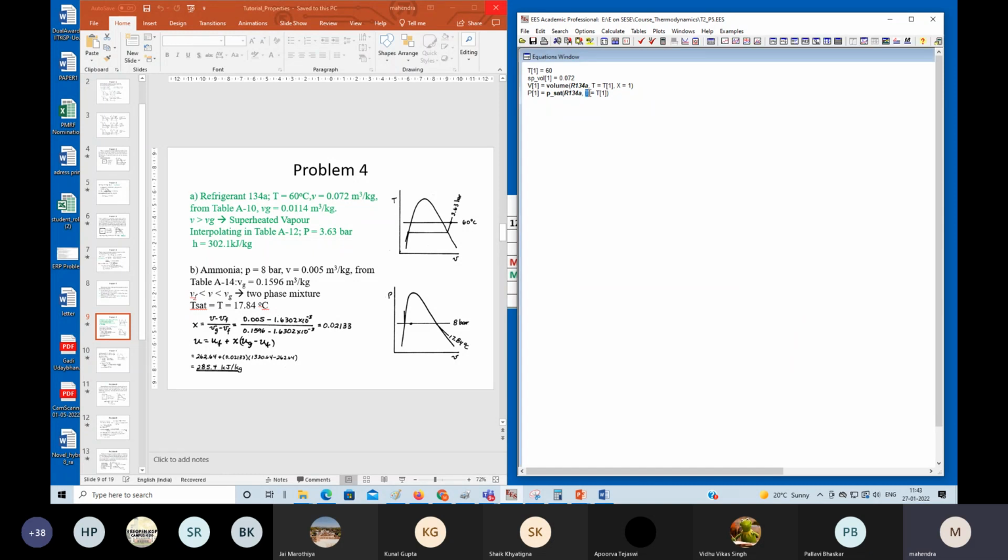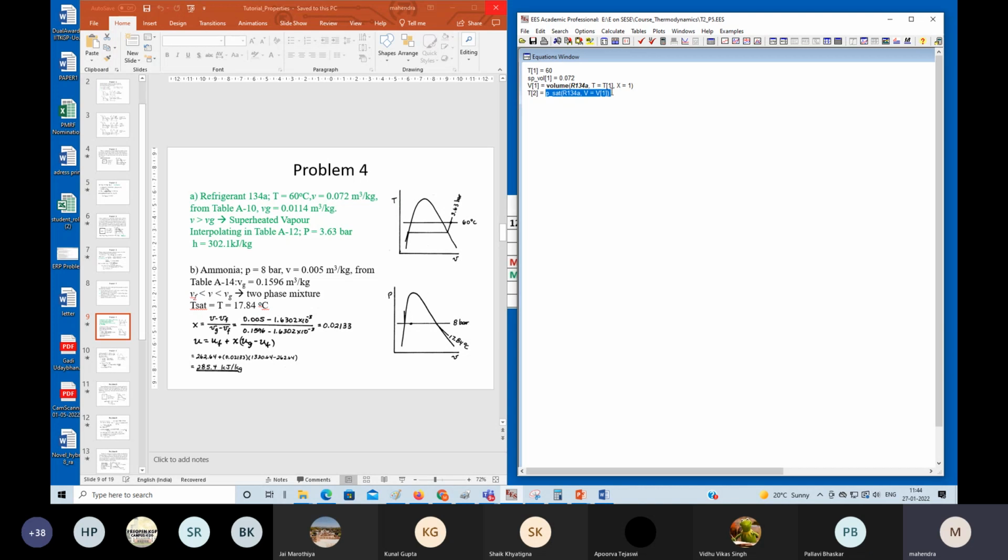Okay, v1. Let us check. The saturation pressure depends actually only on temperature as the parameter. So first let us calculate temperature for this. Let it be P2. Let us consider for this, this is 2.